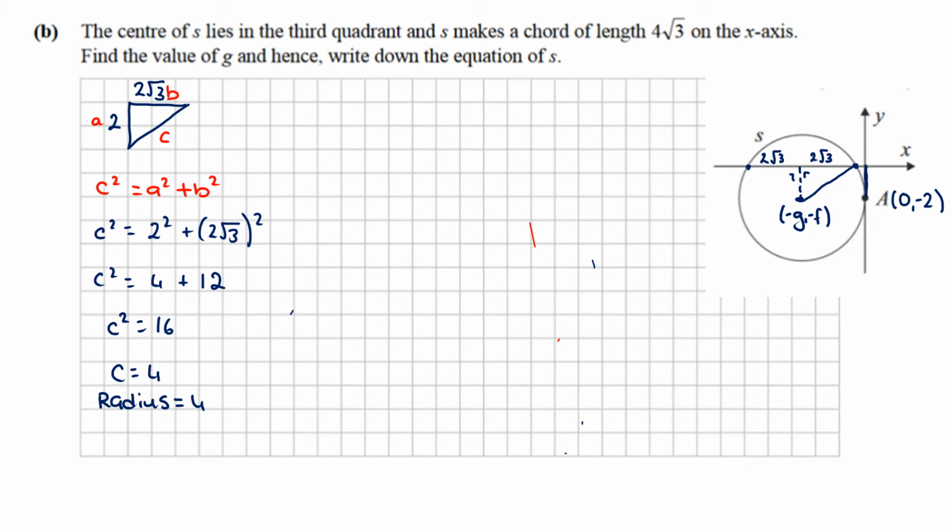So I'm going to show that on the diagram here in red. So that there is r. That actually tells me where on the x-axis that center point will lie. So here we've got minus g will be minus 4 because it is on the negative side of the x-axis. Therefore, g equals 4.